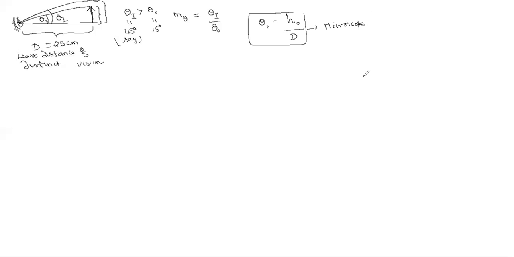So in that microscope, suppose I take only one lens, like a magnifying lens. This is the magnifying lens, generally what we use to see the objects.